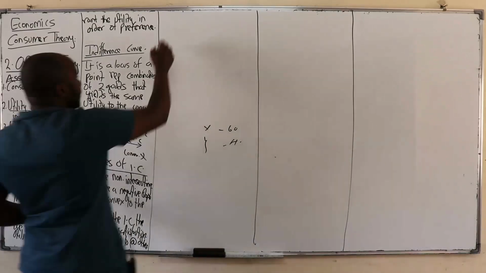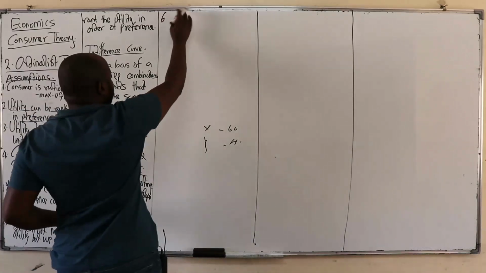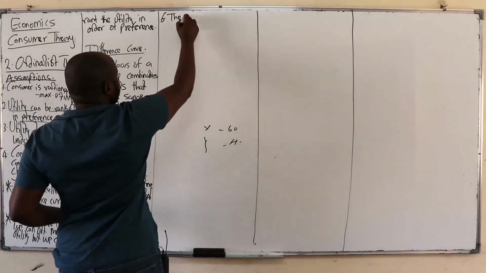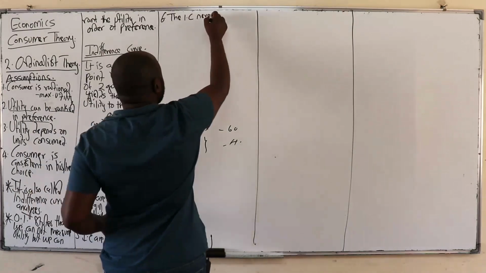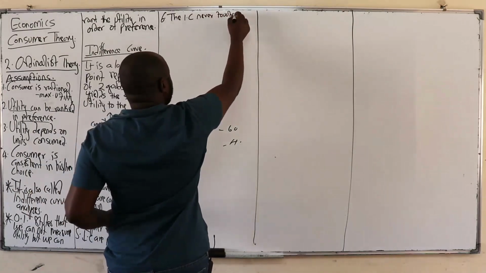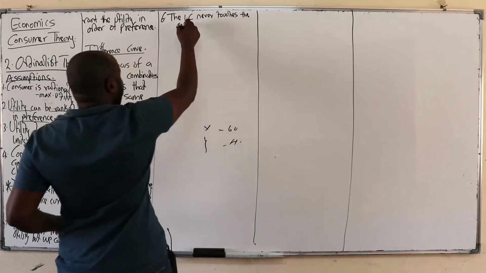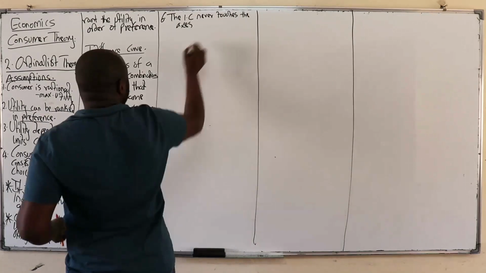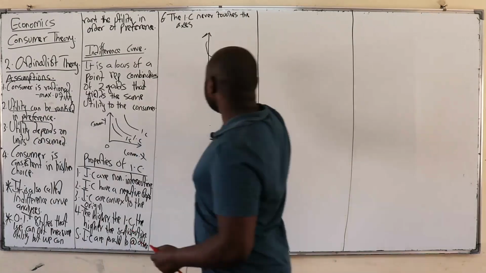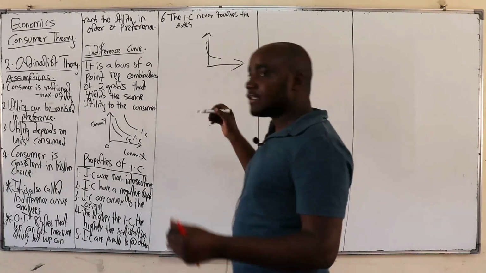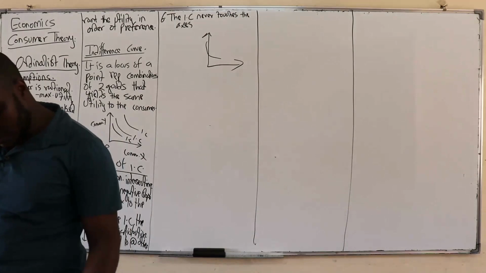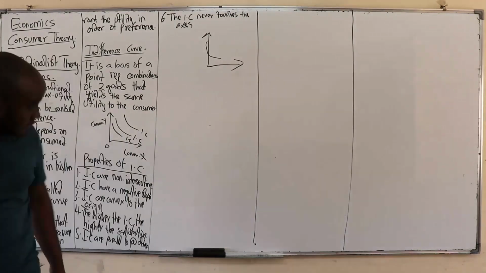The indifference curve never touches the axis. In short, you shall never find an indifference curve like that, that intersects with the axis.